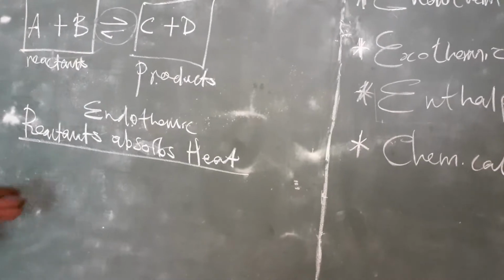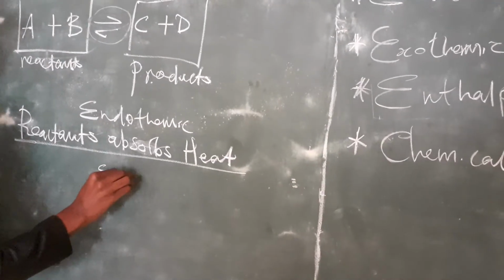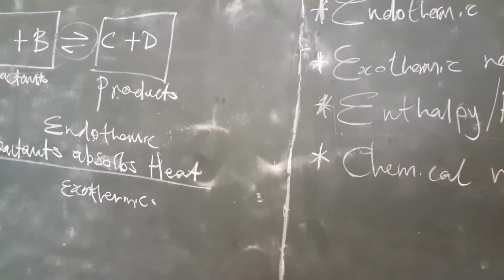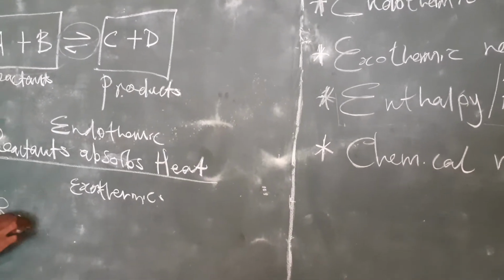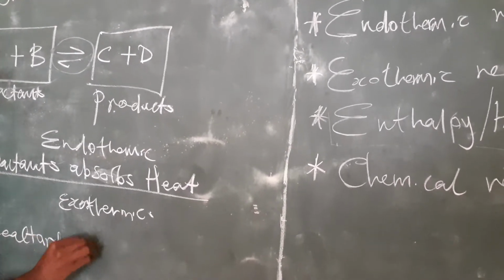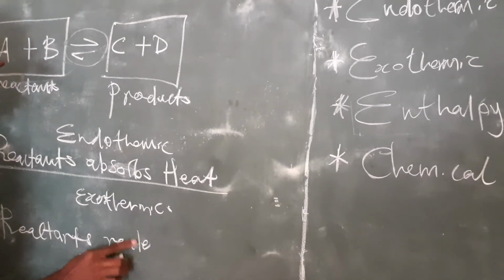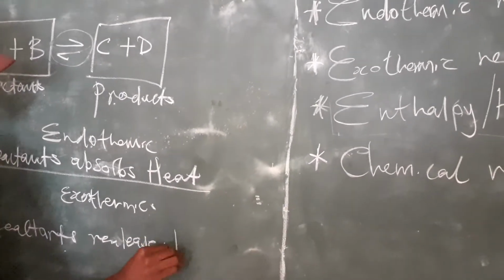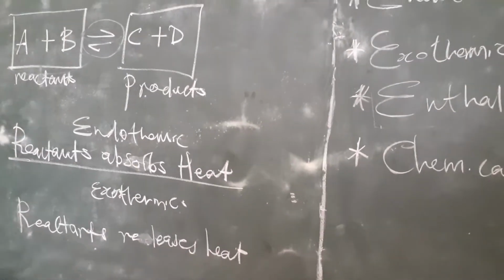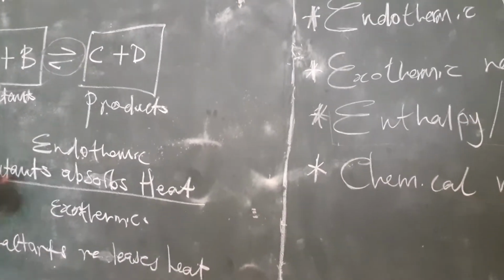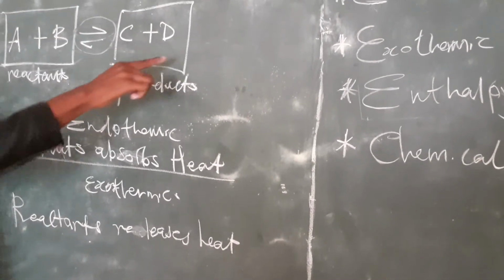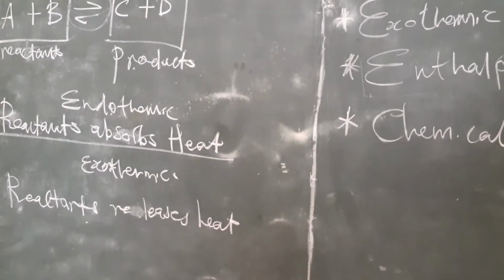And then exothermic reactions, when we talk about reactants, release heat. When we talk about reactants releasing heat, then I will give great examples about this in terms of what are endothermic and exothermic, looking at our chemical reactions.